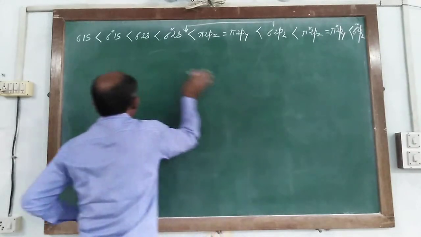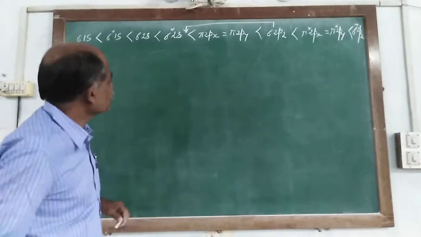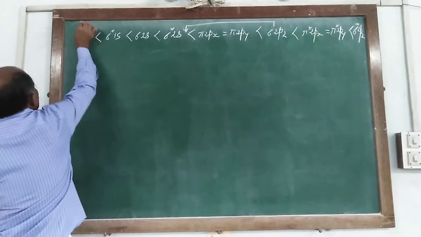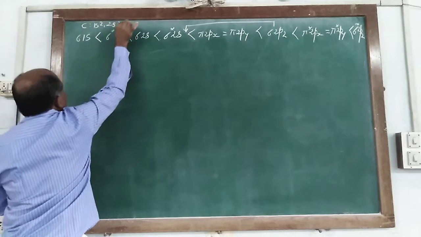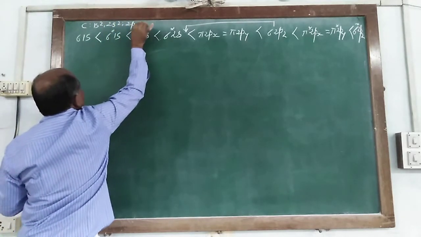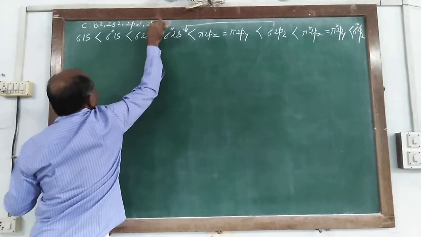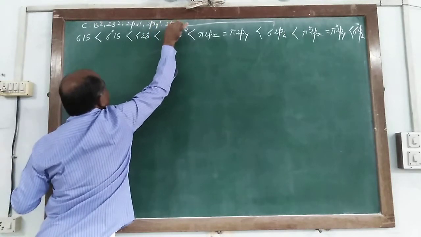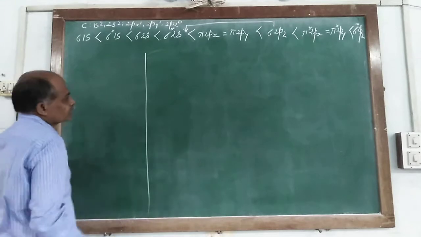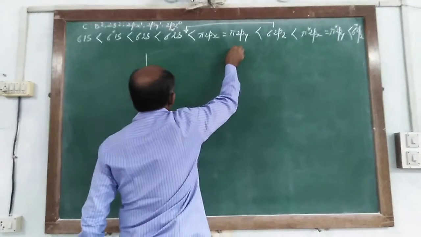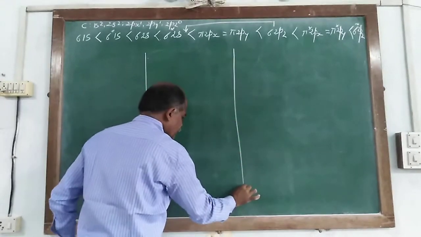So we draw the molecular orbital diagram for the C2 molecule. Each carbon atom has the electronic configuration 1s2, 2s2, 2px1, 2py1, and 2pz0. Here we drew the energy level diagram for C2.